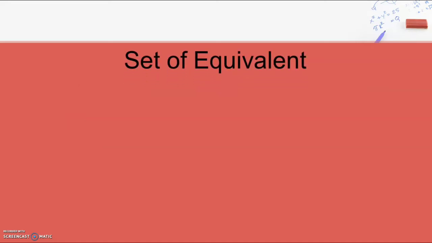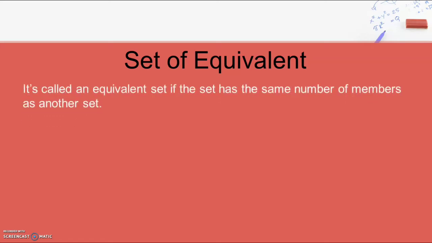And for the last is set of equivalent. It's called an equivalent set if the set has the same number of members as another set. Example, set A equals the set 0, 1, 2, 3, 4.